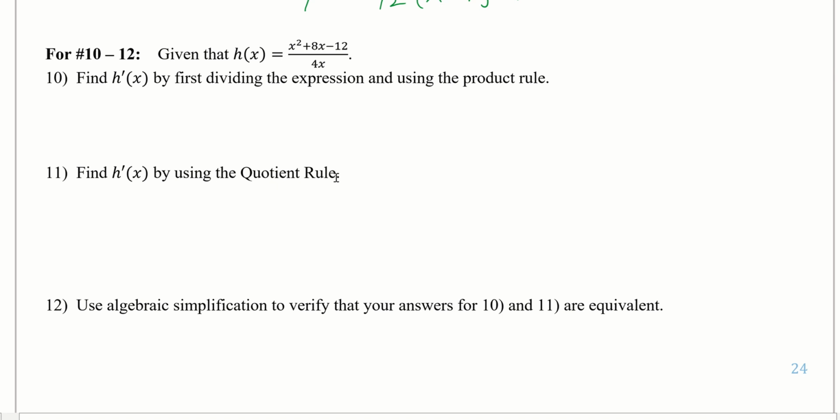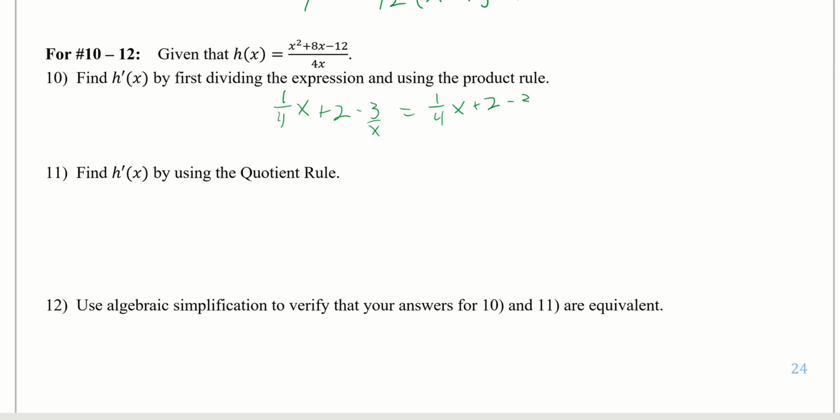If we divide each individual term, we're going to end up with 1/4 x plus 2 minus 3 over x. And we rewrite it so they're all with no denominators: 1/4 x plus 2 minus 3x to the negative 1.